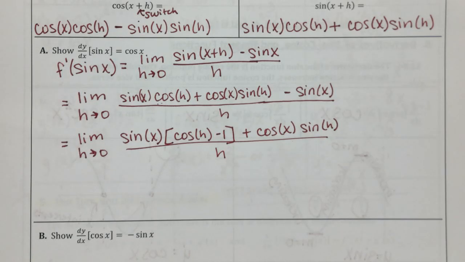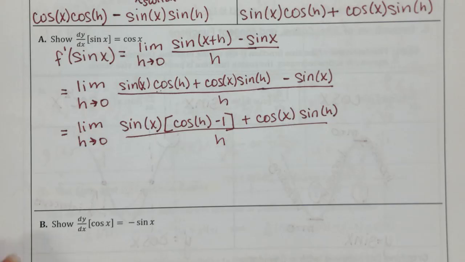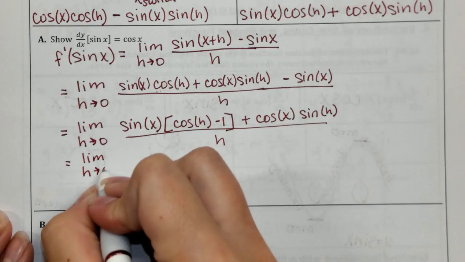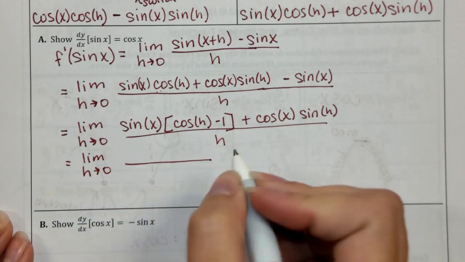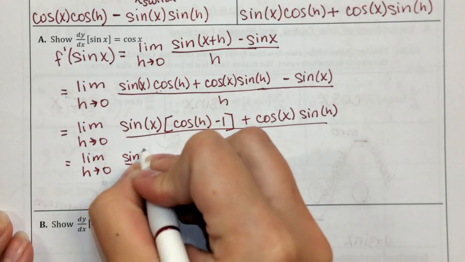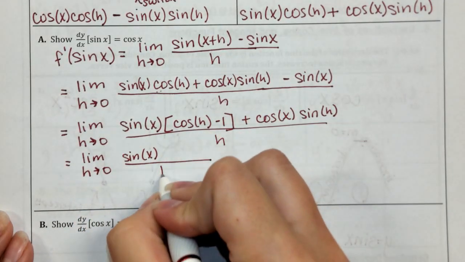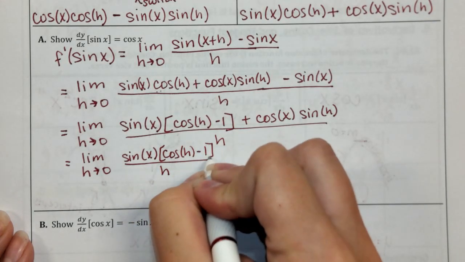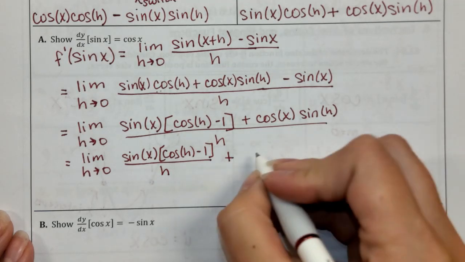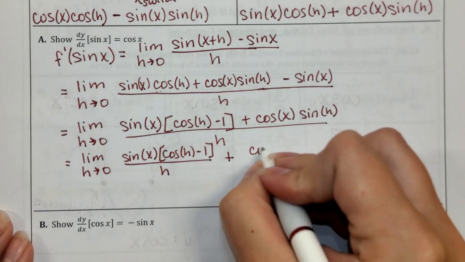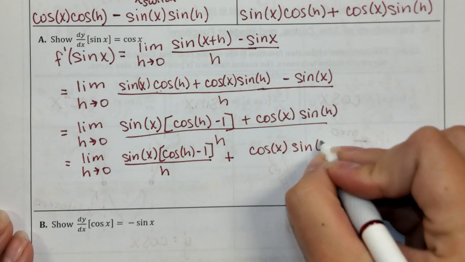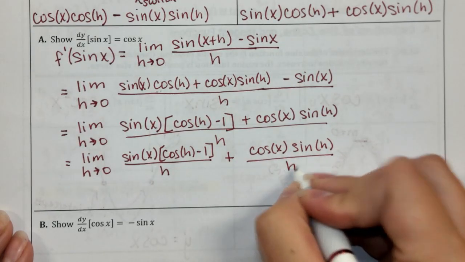Okay, now I'm going to separate these into two fractions. So over here I have sine of x times cosine of h minus 1, and then over here I have cosine of x times sine of h over h.